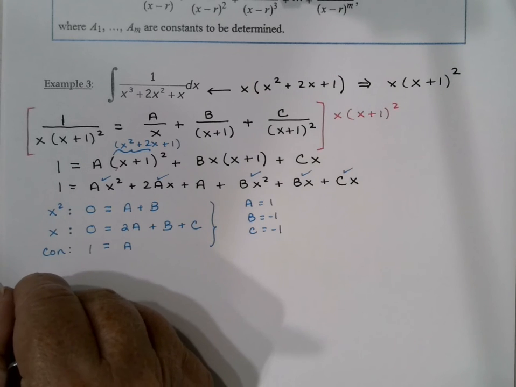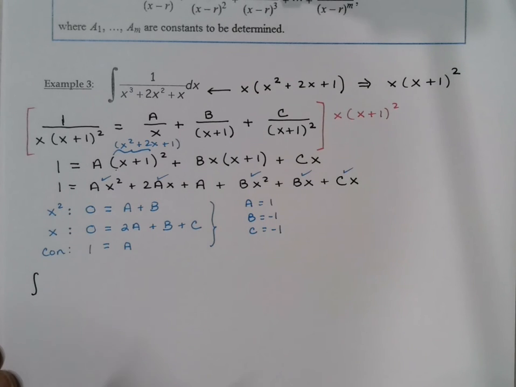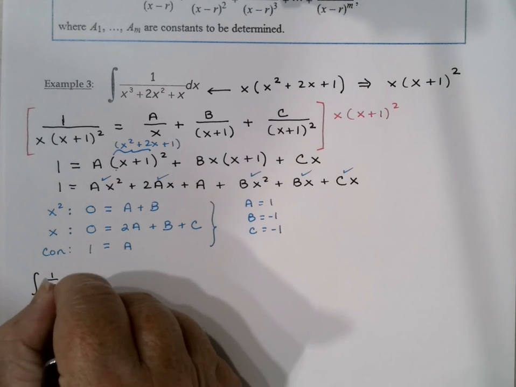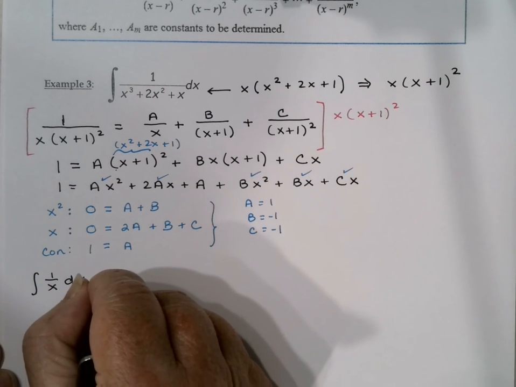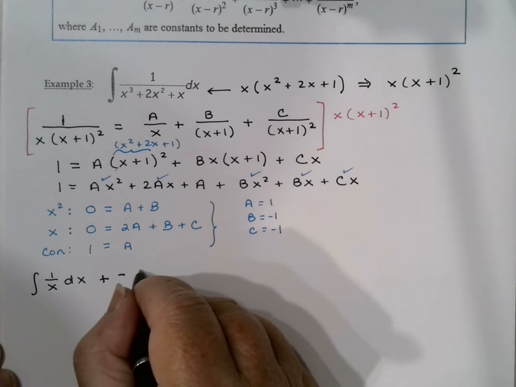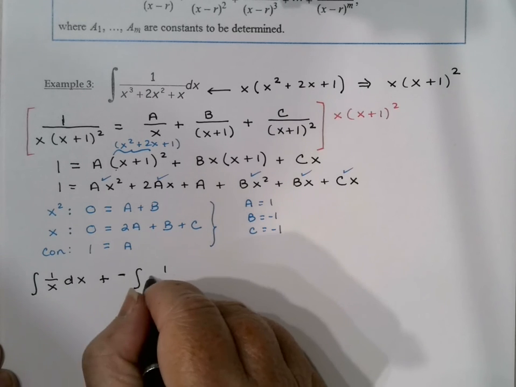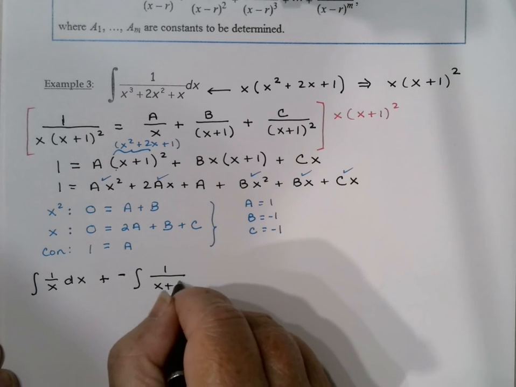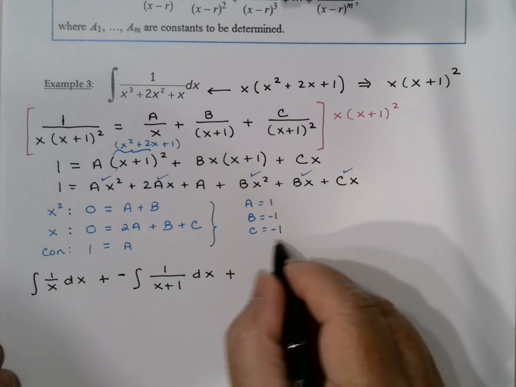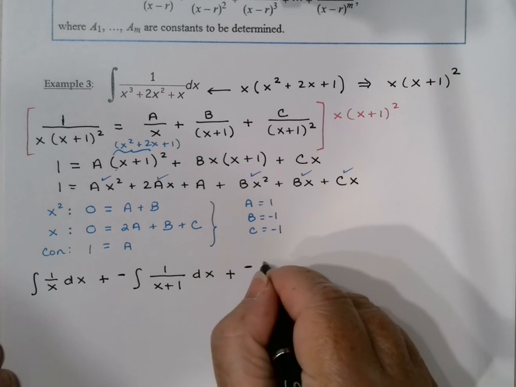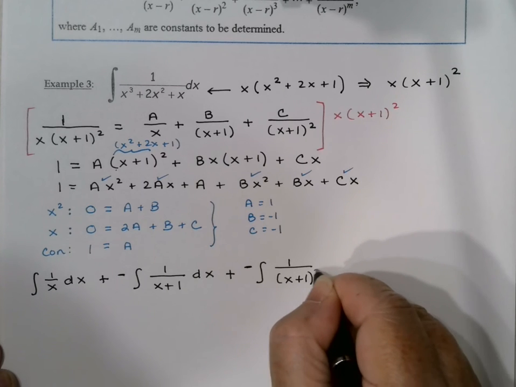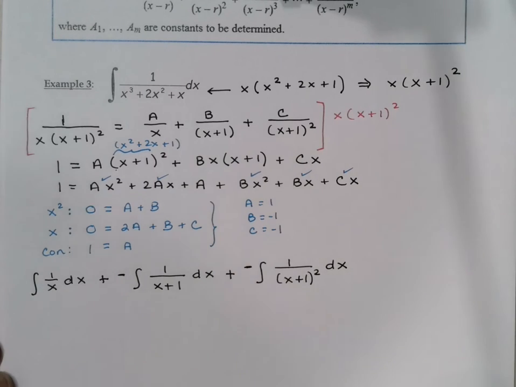So, rewriting my integral, A is 1, so that's just 1 over x. B is negative 1, so actually I'm going to make that a minus the integral of 1 over x plus 1 dx. And same thing here with C, that's actually a minus 1 over x plus 1 squared dx.